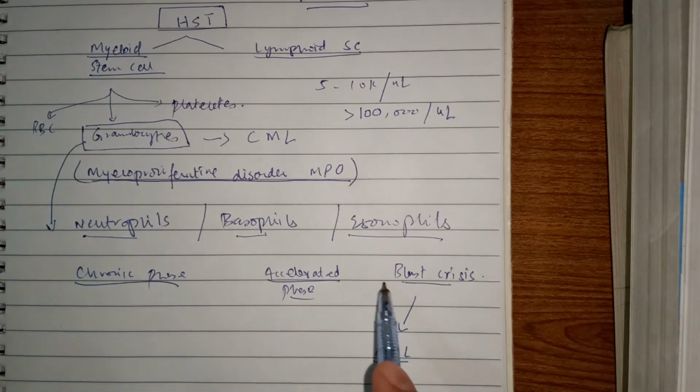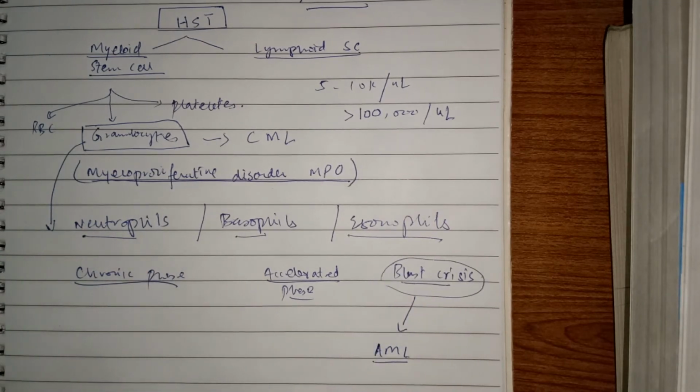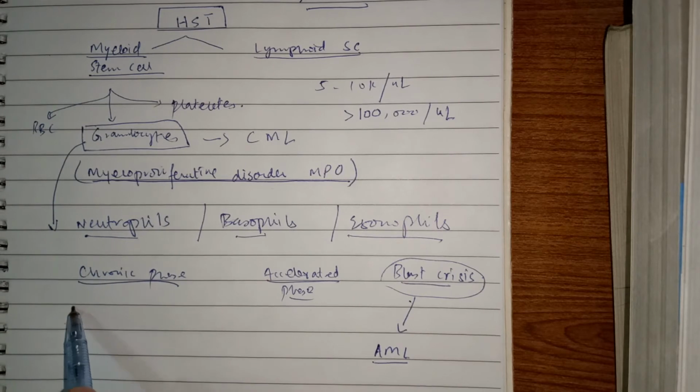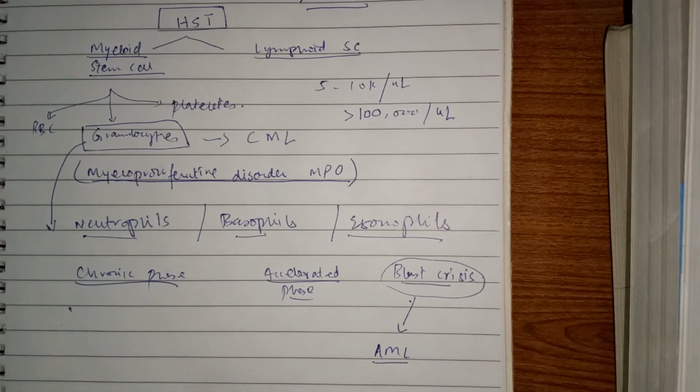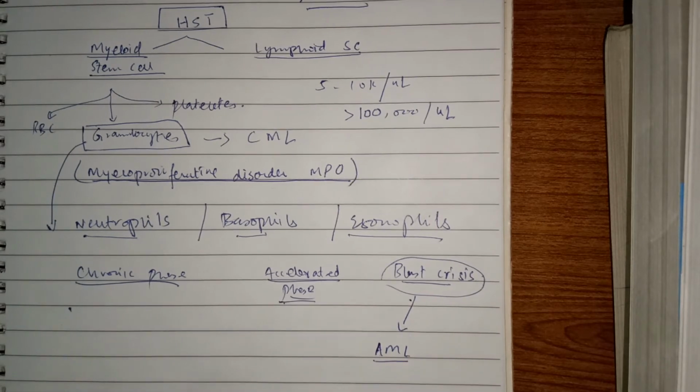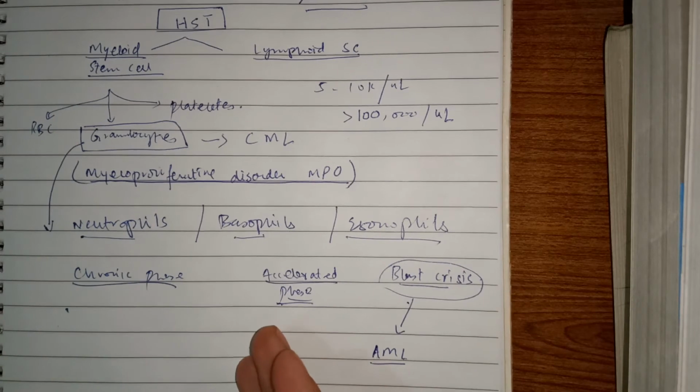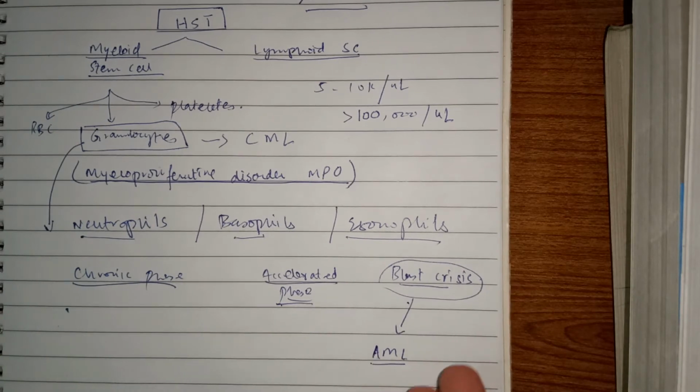So in 70 to 80% it transforms into acute myeloid leukemia, and the patient dies because of this phase. The chronic phase is usually asymptomatic, and the patient has simply malaise, fatigue, weight loss. Whereas in accelerated phase, the symptoms get worse, and then this accelerated phase converts into blast crisis, which then converts into acute myeloid leukemia.